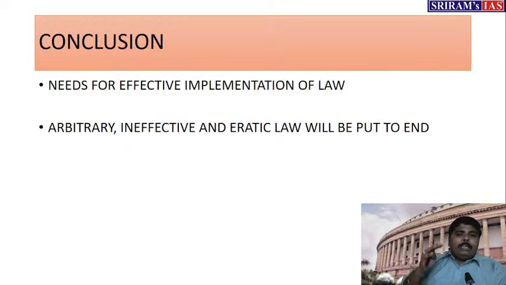And whenever we follow constitutional morality, we have the advantage that arbitrary, ineffective, erratic laws made by lawmakers in India will face a great question mark. You can't make a law just like that. You need to follow these provisions.